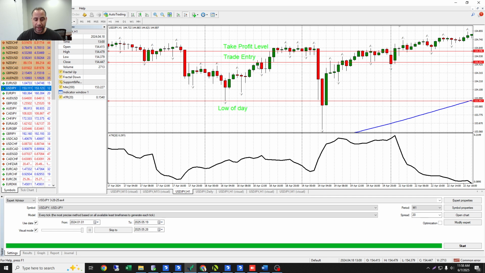Our ATR, remember, was 687.80. So what we're going to do is subtract the move from the low of the day to the entry point from the 1 day ATR 20. And then we're going to multiply that by 0.75, which is our 75% of that period.